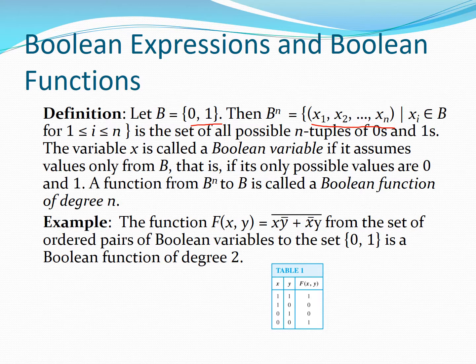All right. So an n tuple is made up of n Boolean variables. Now it's still called a tuple here, and it's not called a Boolean expression or a function, because there is no operator in between each of these Boolean variables.